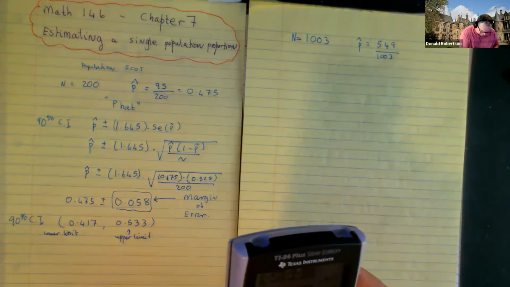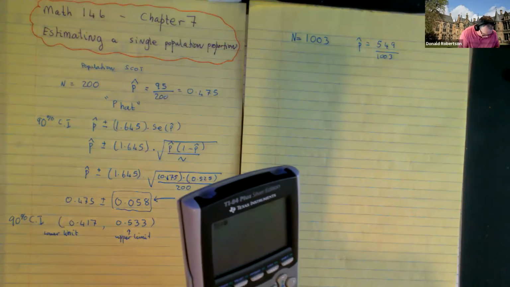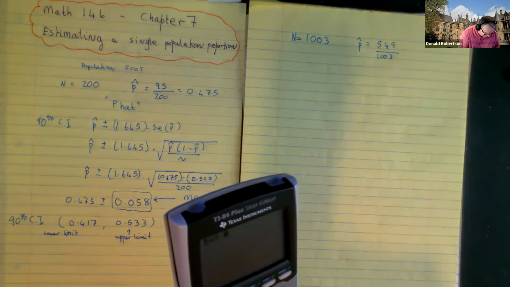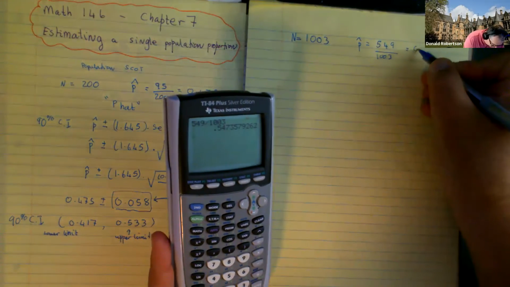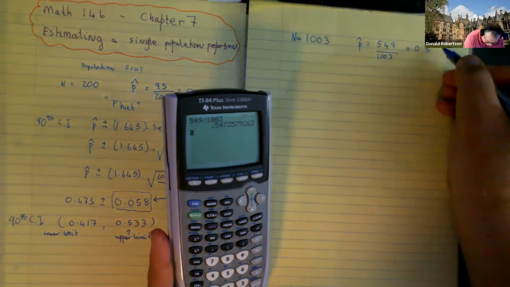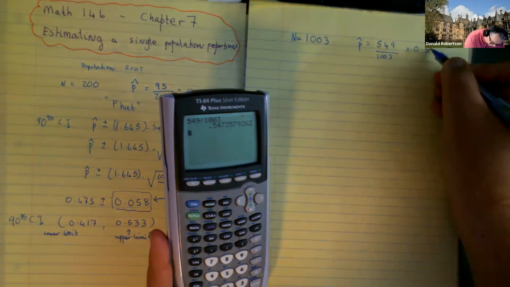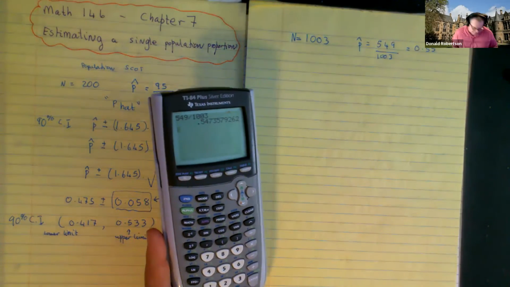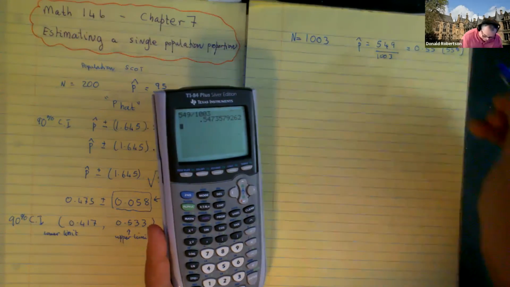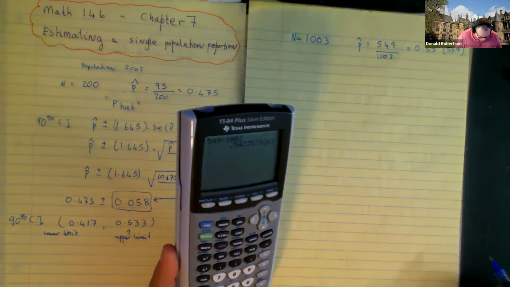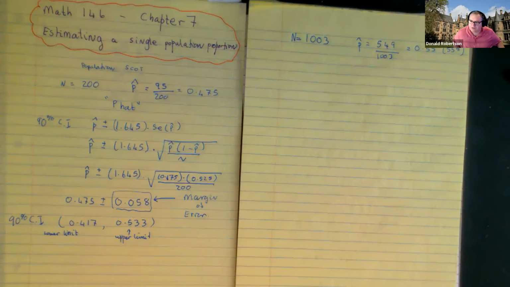So let's see what that looks like. 549 divided by 1,003, and the answer is 0.547. Let's just say to 2 decimal places, right? So it's 0.55, or essentially 55% of the vote, right?